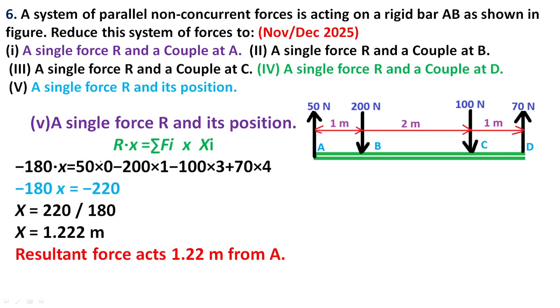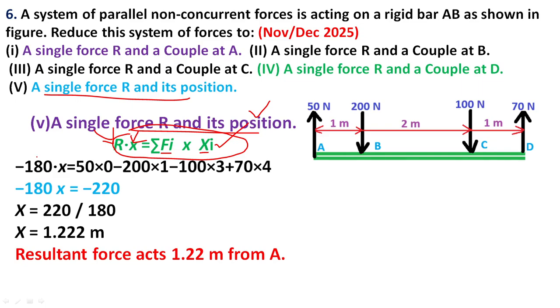Now the single force R and its position. To find the single force R and its position, use the formula R x equals the sum of F_i into x_i. R is the resultant force, and we want to find the x distance of the resultant force; F_i is force into perpendicular distance.